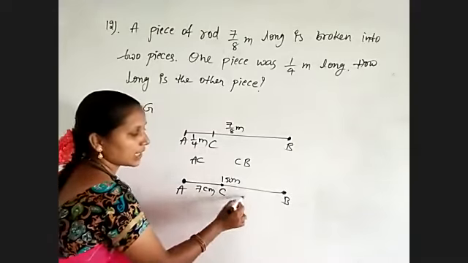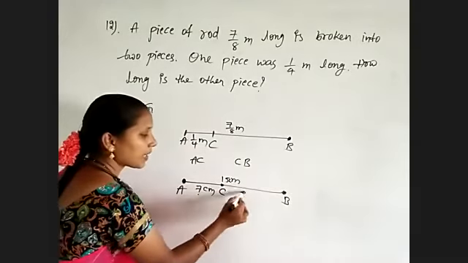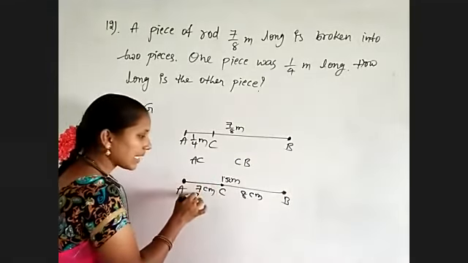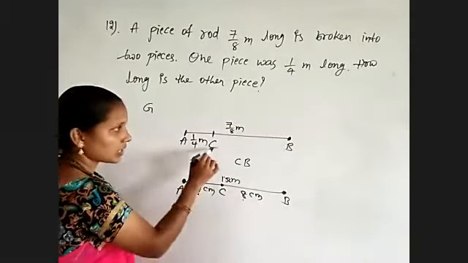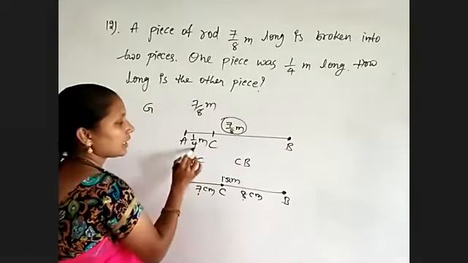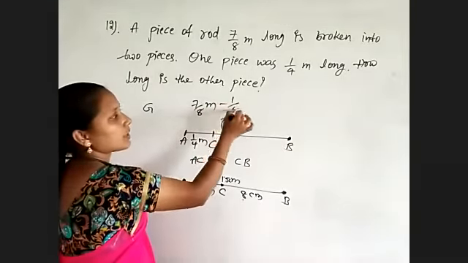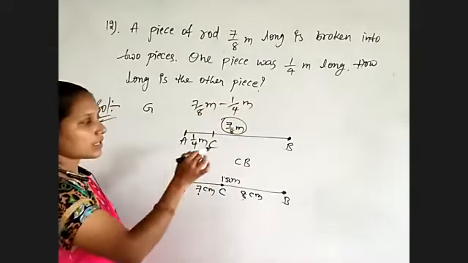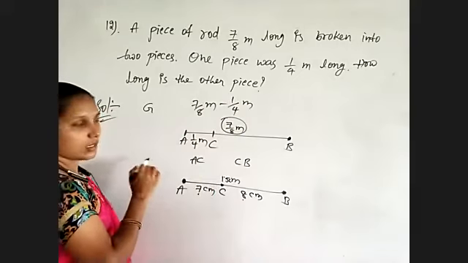Then what will be the length of the remaining one? 7 plus 8 is equal to 15, yes or no? That means 15 minus 7 will give the second part. Here also the total length is 7 by 8 meters, and the length of one piece is 1/4. So 7 by 8 minus 1/4 will give the length of the second piece. That's all.